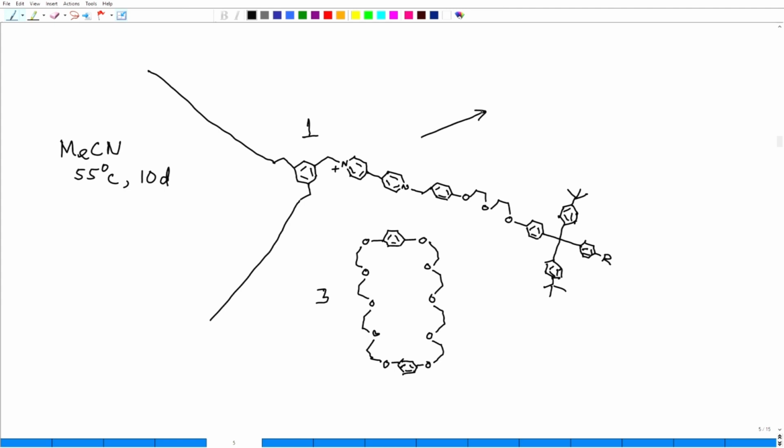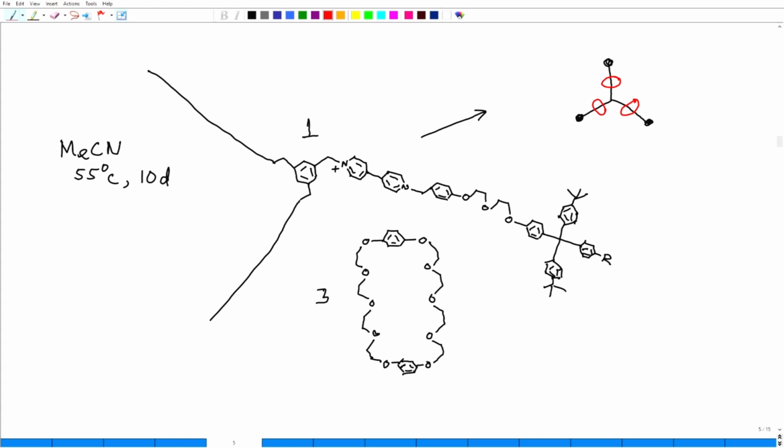That is why I am drawing. This is one, and this is my structure.